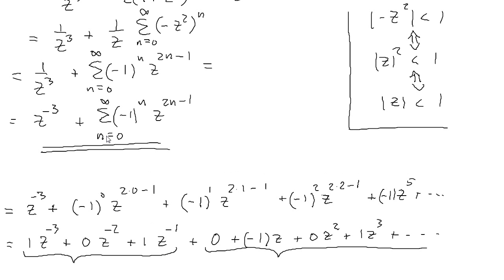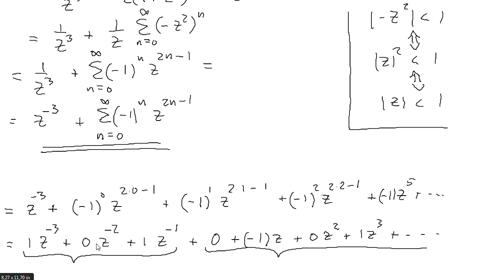Plus, then I take the next term, which appears when n is equal to 1: minus 1 to the power of 1 times z to the power of 2 times 1 minus 1, and so on. I continue this, and we see that here the coefficient of z to the power of minus 3 is just 1.